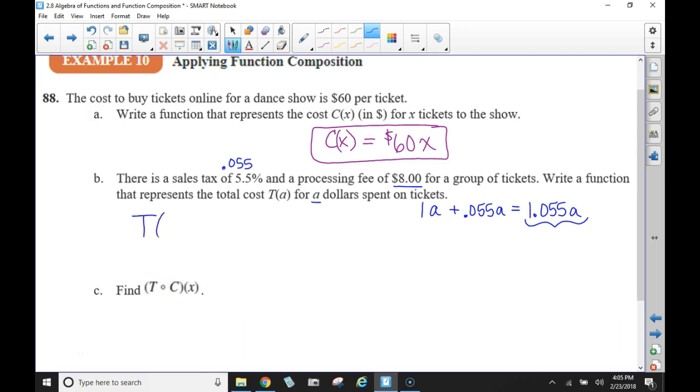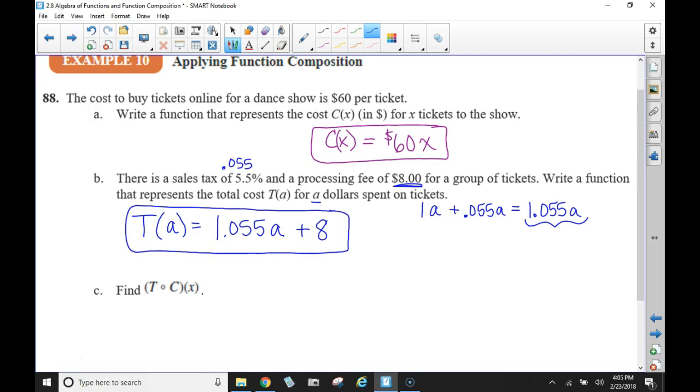So the total cost, T of A, is going to be the 1.055A, and then plus the $8 processing fee. So that is the function that represents the total cost for A dollars spent on tickets.